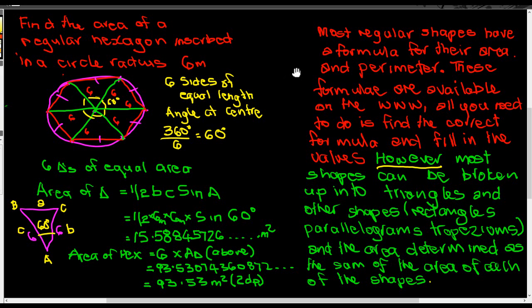And so the area can be determined as the sum of the area of each of the shapes that you've broken it up into. And we will be looking at this a bit further down the track when we look at working out the area of compound shapes. So there you have it, a little bit about finding the area of regular shapes and polygons and things.